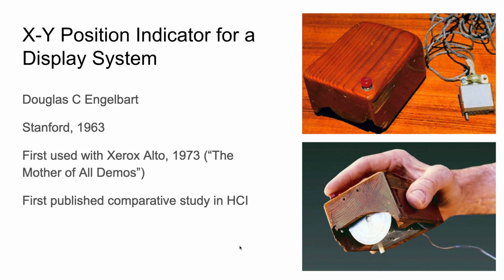So he compared people selecting things, pointing at things, and he looked at how accurate they were, how long they took, and fatigue. The idea was that instead of using almost your whole arm to point at things, you could just use your hand on the mouse, and that was the basis of that very first comparative study.